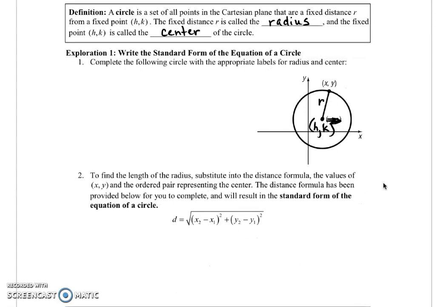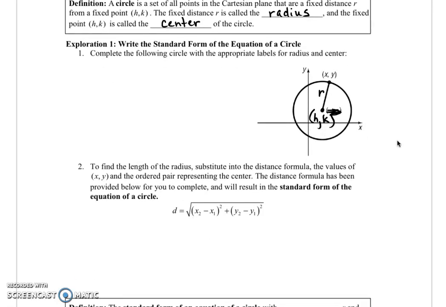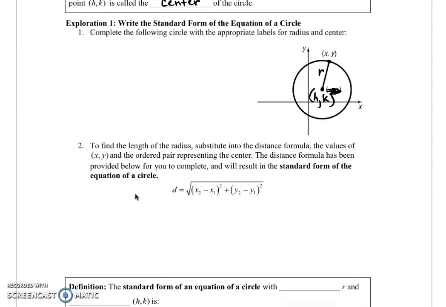To find the length of the radius, we're going to use the distance formula. We've got any point (x, y) and a point (h, k). Here (x, y) is our (x2, y2), and (h, k) is our (x1, y1).